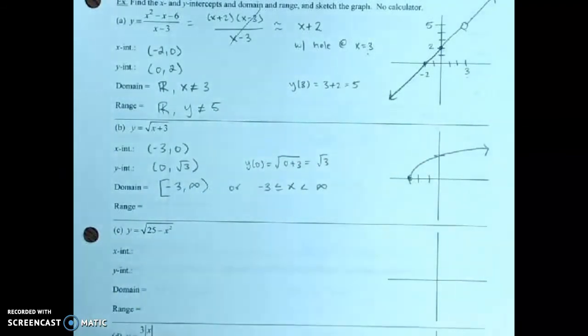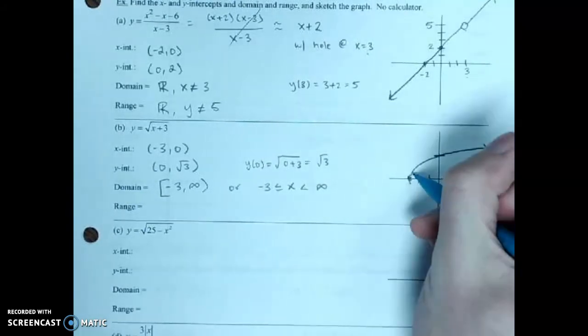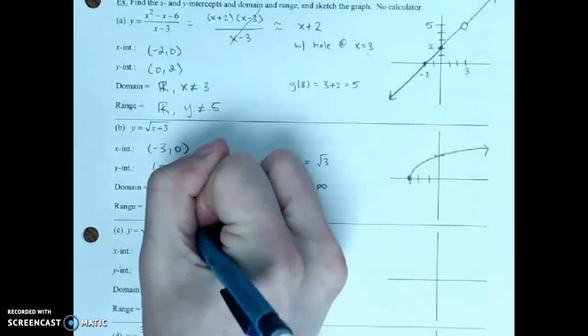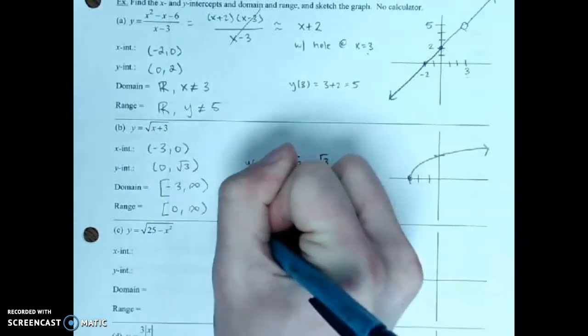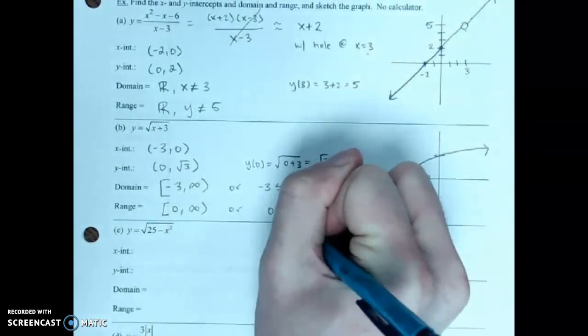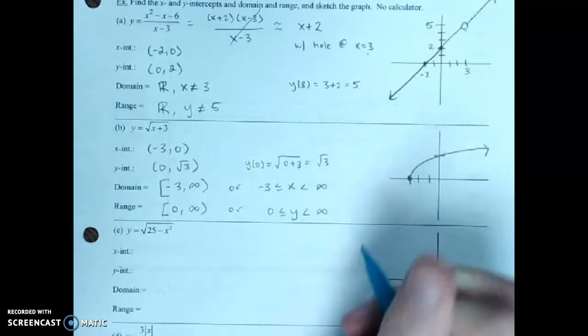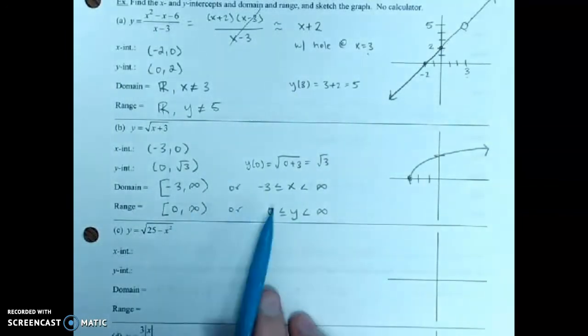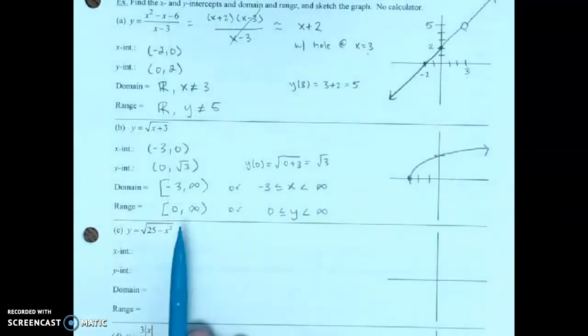Range is everything from 0 all the way up to infinity, and since that's a solid dot, you would include the 0. Again, you do not have to put both. Either one is fine. I typically like this notation just because I'm lazy and it's a little bit less writing.